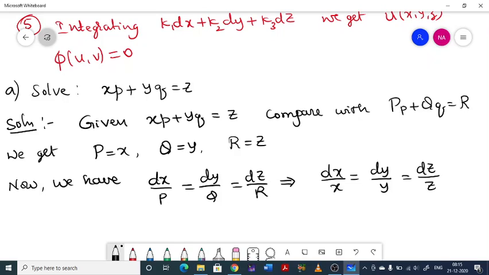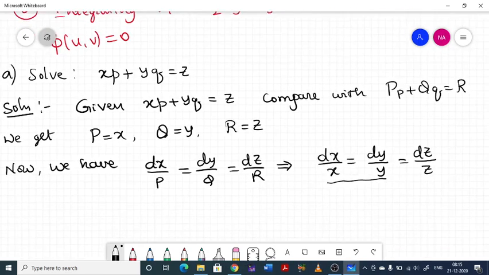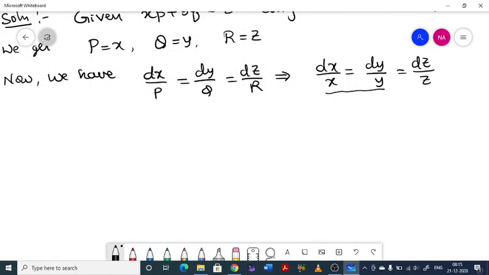Now look into this. Here you have a function in one variable x, here you have a function in one variable, that is y. So now you can separate the variables easily. Terms containing x are on one side and terms containing y on the other side, nothing to separate.